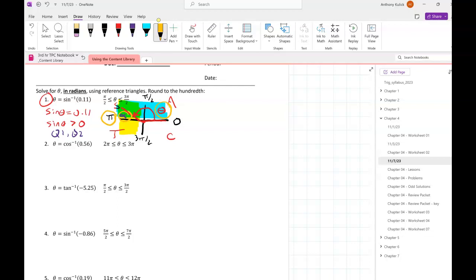Before pi. How much further would we have to go on theta to get to pi? Alpha more. Everybody agree? Because alpha is what's in between the terminal side of theta and pi on the x-axis. So if I want to solve this equation for theta, I just subtract alpha from both sides.